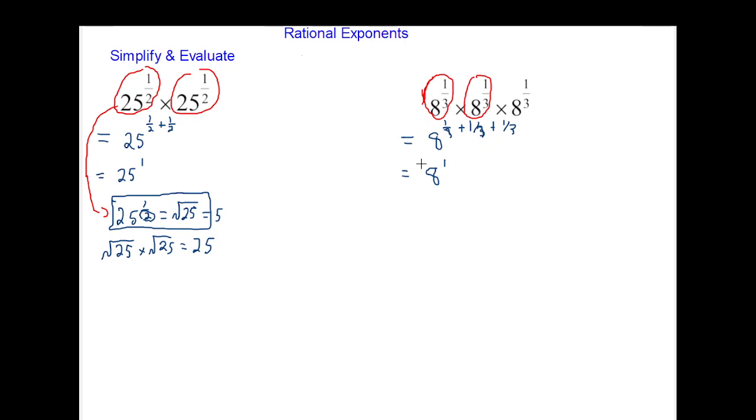And the interesting thing there is that we call that the cube root. When we take a number and multiply it by itself 3 times and get that number, that's called the cube root. So what this means is that 8 to the 1/3 is equal to the cube root of 8.